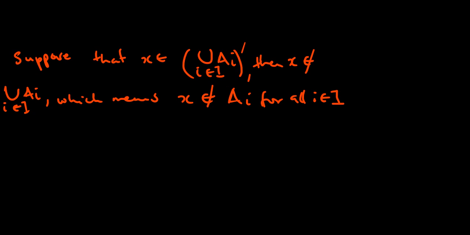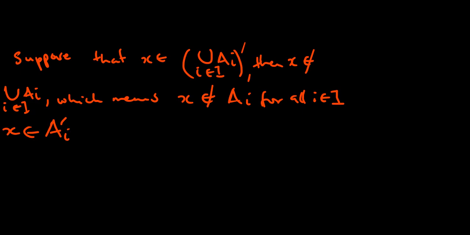Since it's not in the union, it does not fall in any set of the arbitrary family of sets, for all i a member of the indexing set. So this then means that x should be a member of A_i complement, because it does not sit in the arbitrary set, so it must sit in the complement of the arbitrary set.